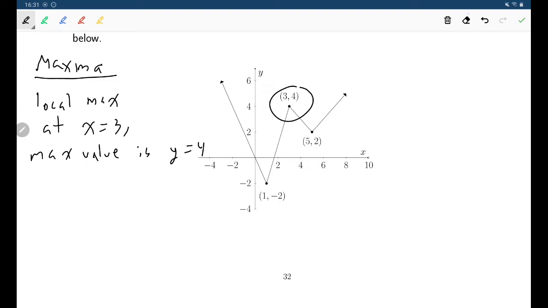Is there a largest y value? Then the answer is no. And that's because the graph keeps going up forever. So that means there should be no largest y value. So we do have a local max that happens when x is equal to 3. But that means we also can say that there's no absolute maximum.